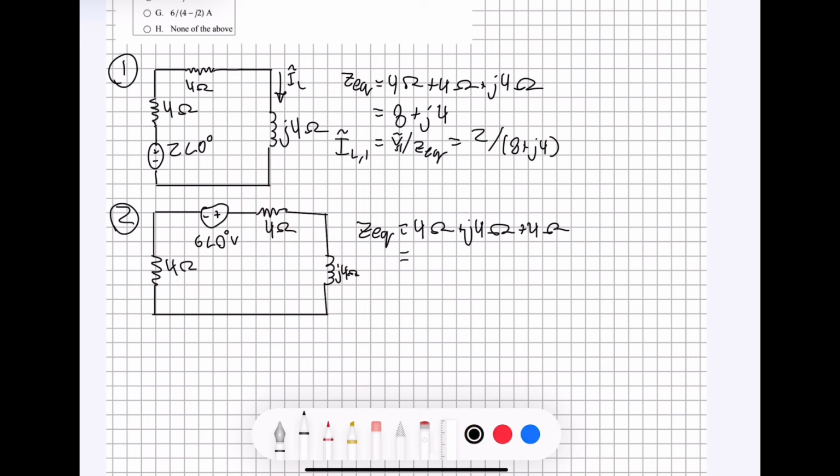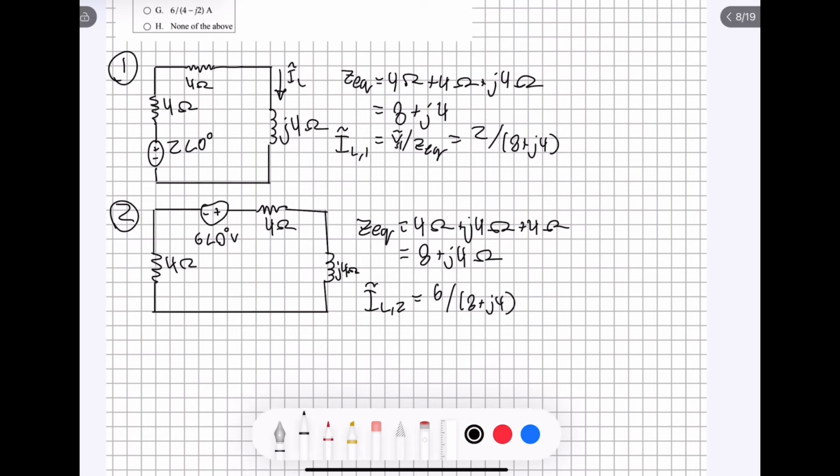So when we add them up, we're going to get the exact same impedance as in the previous equation, 8 plus j4. But when we use Ohm's law to find the current based on the second source, because our voltage here is different, we're going to do 6 divided by 8 plus j4, which is a slightly different answer than up there.